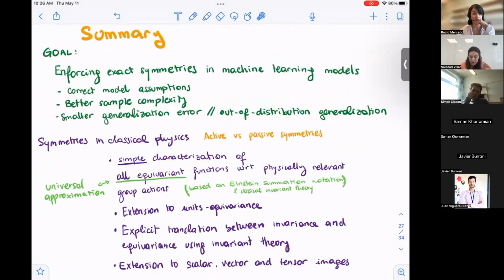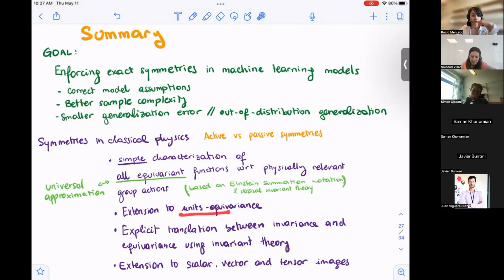As a summary, I'm going to end here. Enforcing symmetries in machine learning models gives you, I believe, the correct model assumptions and a small generalization error, better sample complexity, and out of distribution generalization. We discussed the symmetries in classical physics and how we can implement all equivariant functions with respect to the orthogonal group and other simple Lie groups that show up in physics.